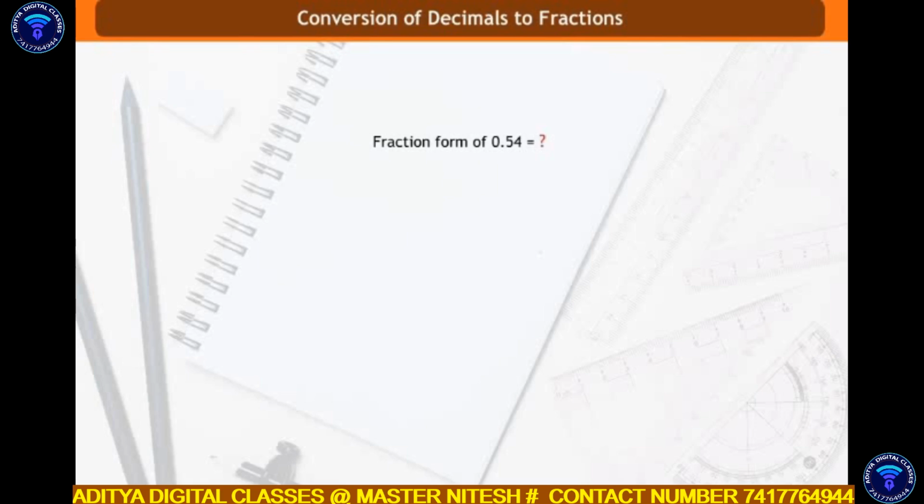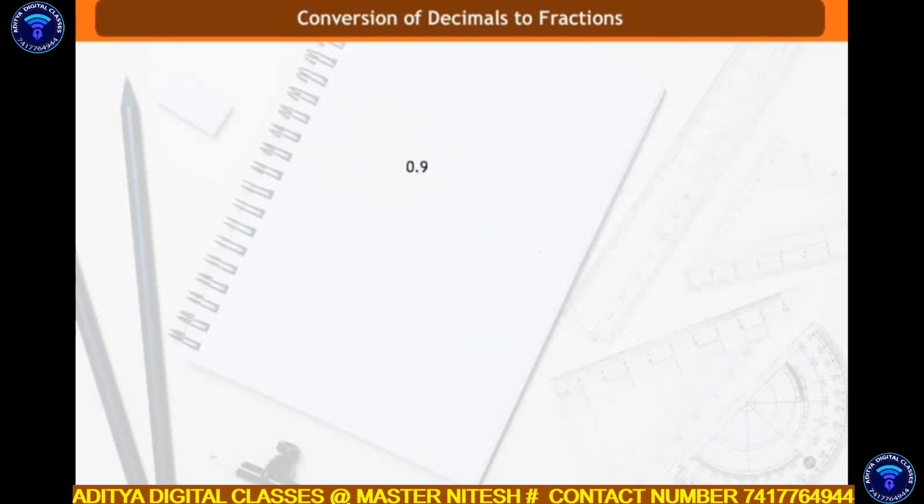Now what is the fraction form of 0.54? As in 0.54, there are two digits, 5 and 4, after the decimal. So the value of p is equal to 2. Hence we can write 0.54 as 54 by 10 raised to the power 2, that is 54 by 100, which is equal to 27 by 50.